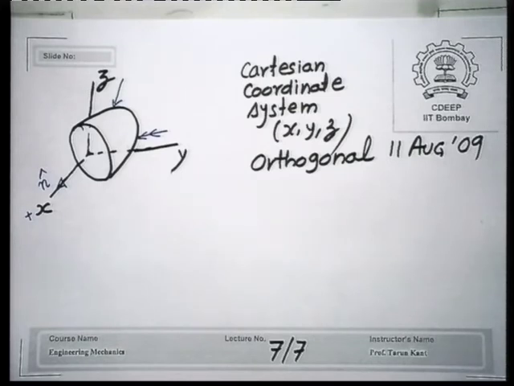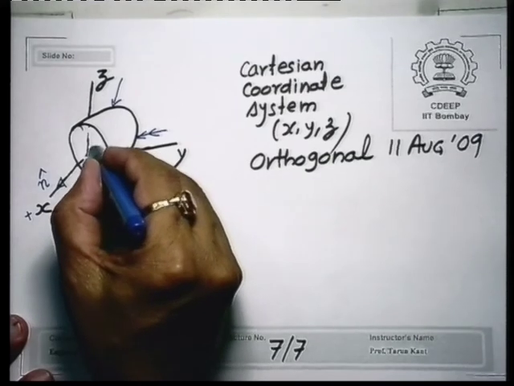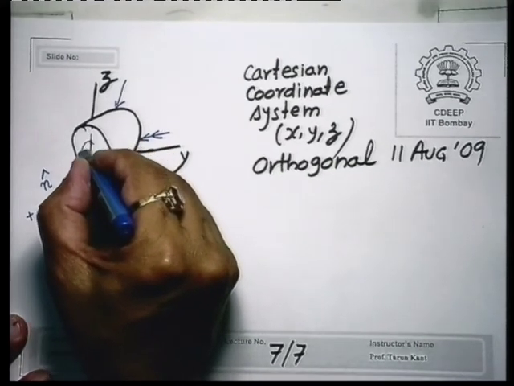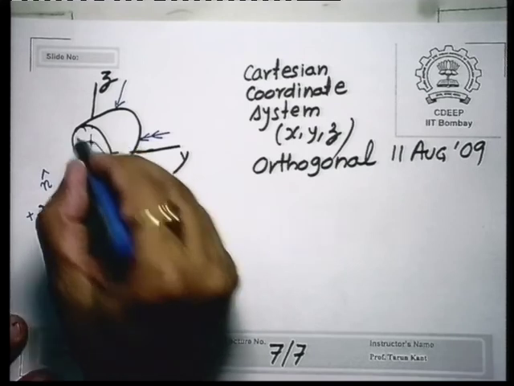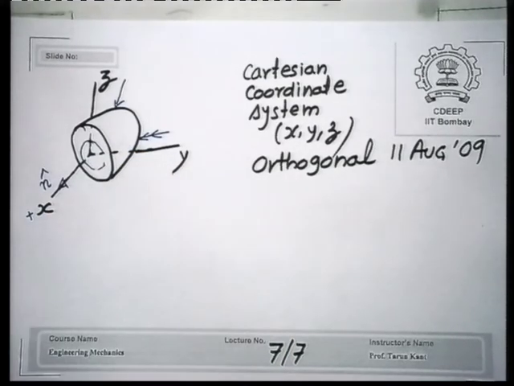So we are now considering equilibrium of the part whose outward normal is in the positive x direction. So here let me define some things, and here I have a small area delta A around point P.